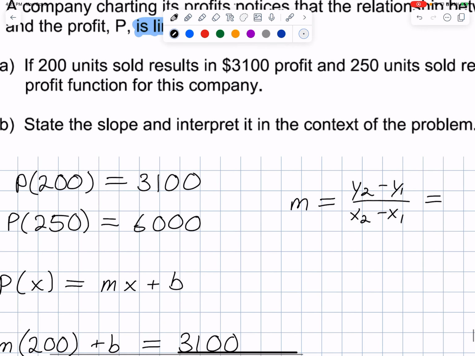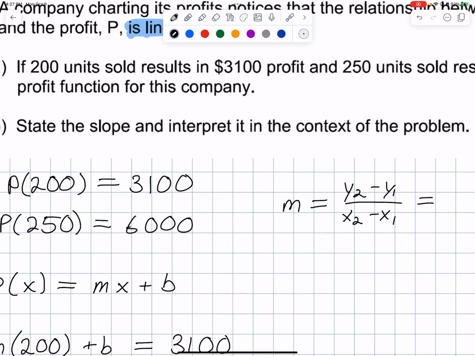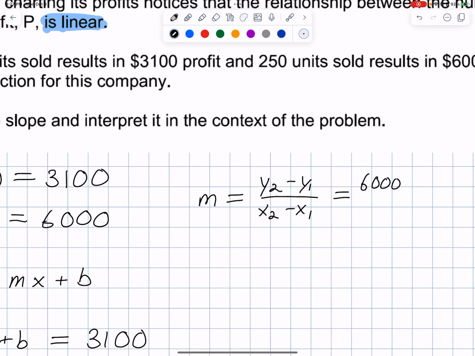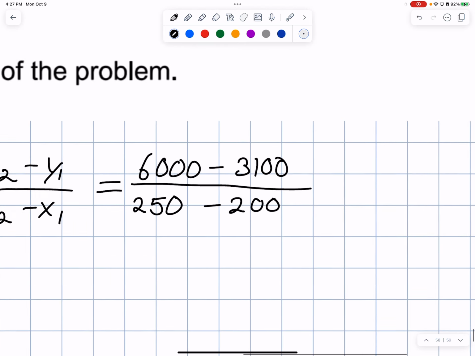What's y2? It's the second y value. Do we see it on there? 6,000. The first y value is 3,100. The second x value is 250. The first x value is 200. Simplify this, you'll have your slope.